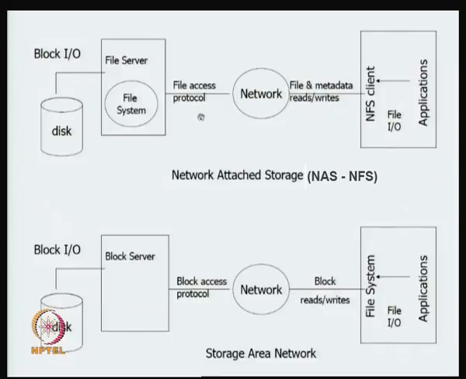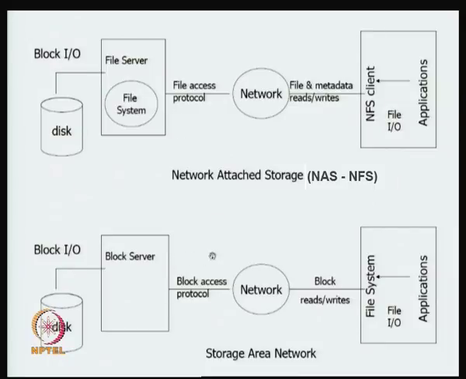The other way to do it is to think not at the SCSI level, but at the file level. You think of the application talking to the storage system at the file level, not at the block level.